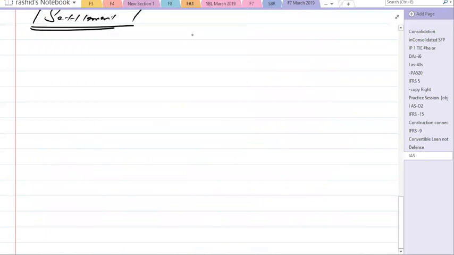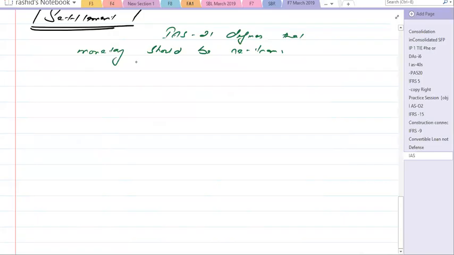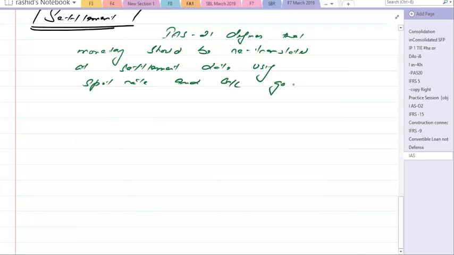Then the standard, IAS 21, defines that monetary items should be retranslated at settlement date using the spot rate, and the spot rate is the rate at the settlement date, and the gain or loss goes to profit or loss.